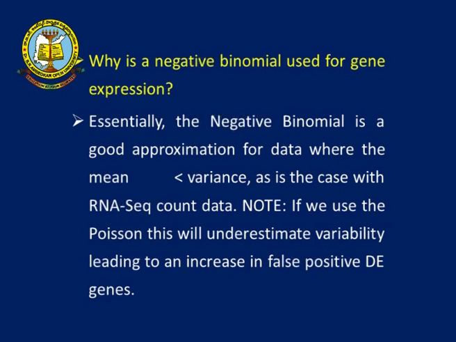If we use the Poisson, it will underestimate variability, leading to an increase in false positive DEGs. That is why we use the negative binomial distribution in gene expression.